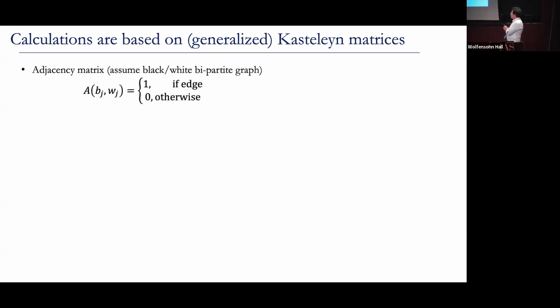The main object that you have, let's think about a square lattice, is the adjacency matrix, which is very simple. If two vertices, black and white, are connected by an edge, you assign 1 to it. And if they're not, they're assigned 0. And that's it.